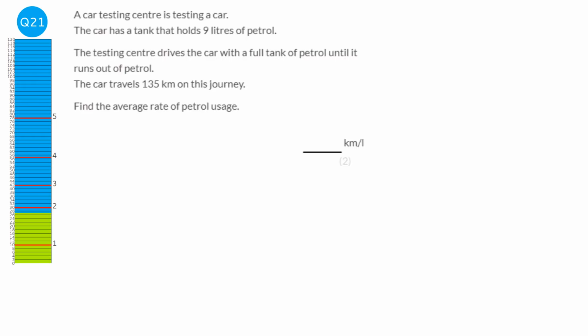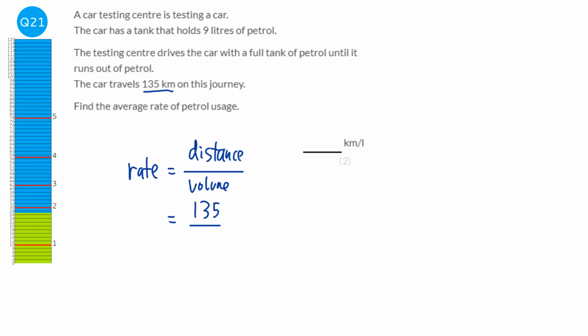To find the average rate of petrol usage, which I'm just going to call rate, we're going to get the distance travelled by the car, and divide that by the volume of the fuel used. The distance was 135 kilometres.